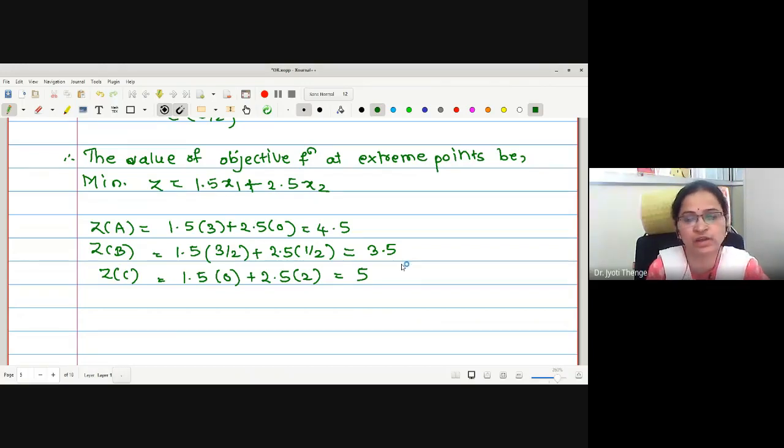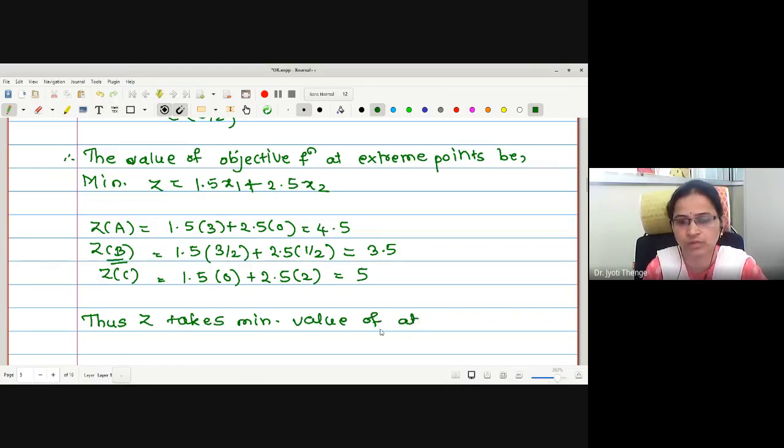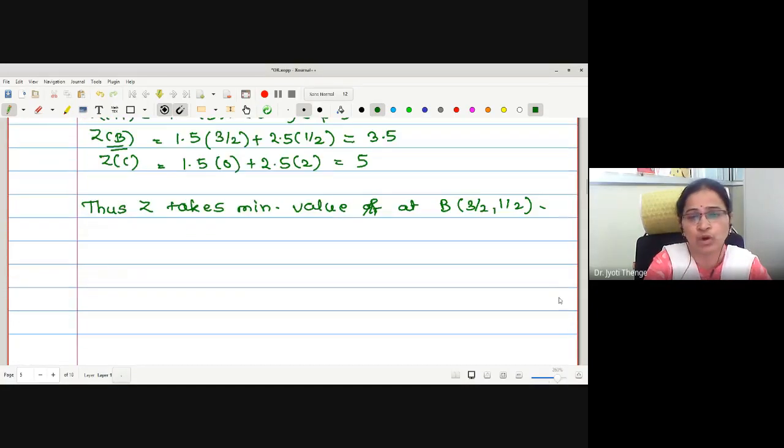Now looking at the values of the objective function, what we have understood is that the value of the objective function is minimum at which point? B. Thus, z takes minimum value at B, and the coordinates are 3 by 2 and 1 by 2. Therefore, what are the values of x1, x2?